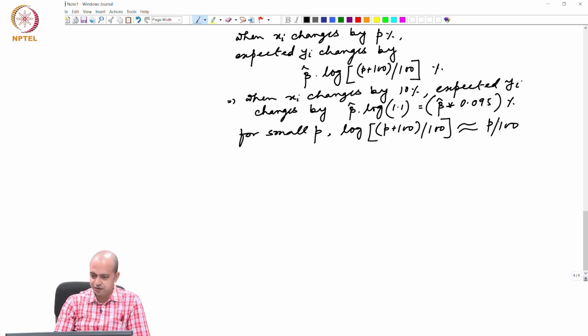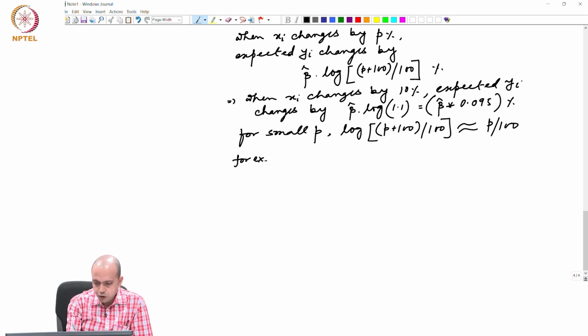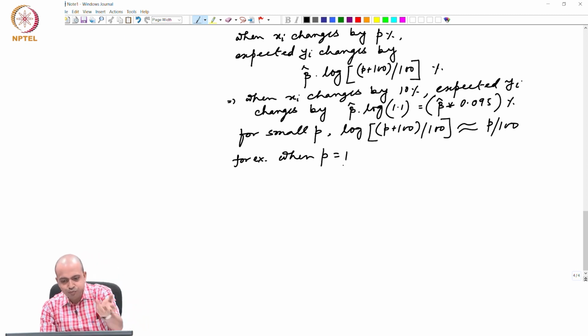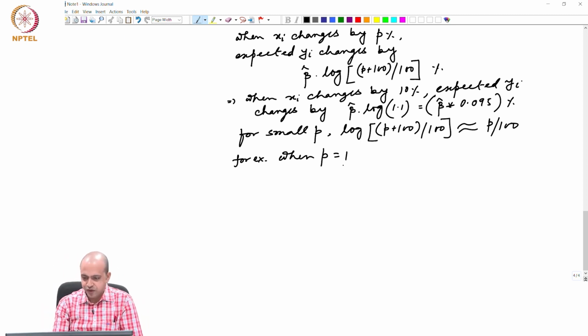So, for example, when p equals 1, that means there is a 1% change in x.